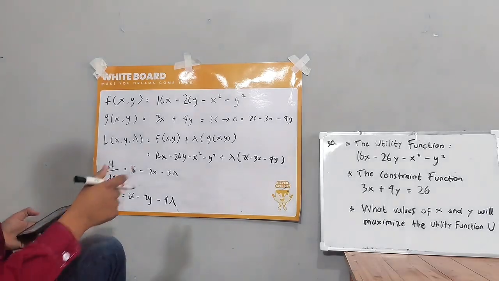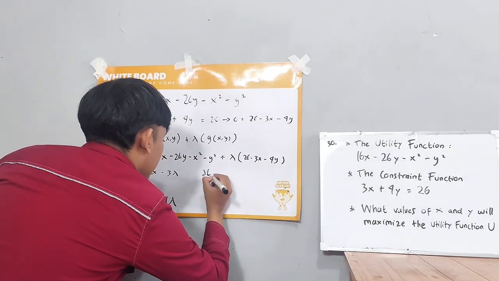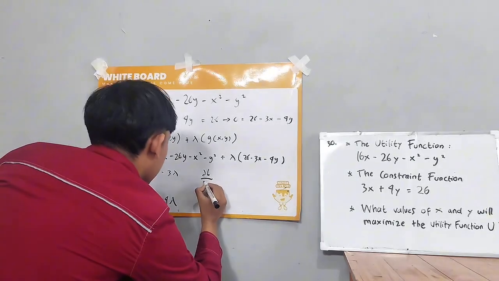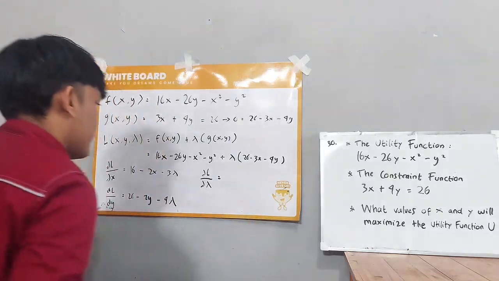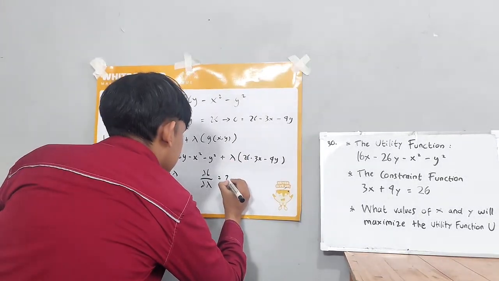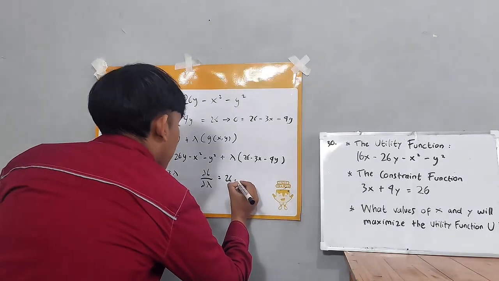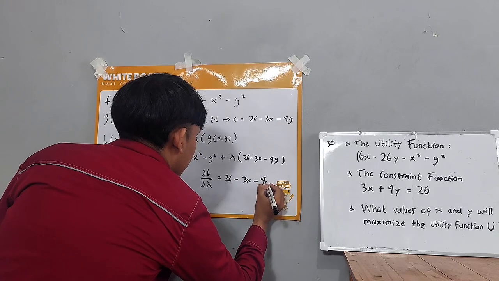Last, with respect to lambda, the partial of L with respect to lambda is 26 minus 3x minus 4y.